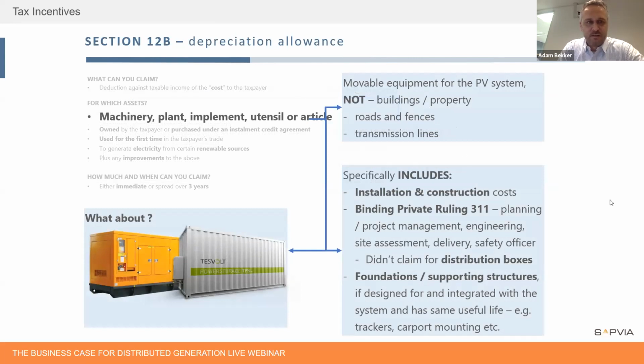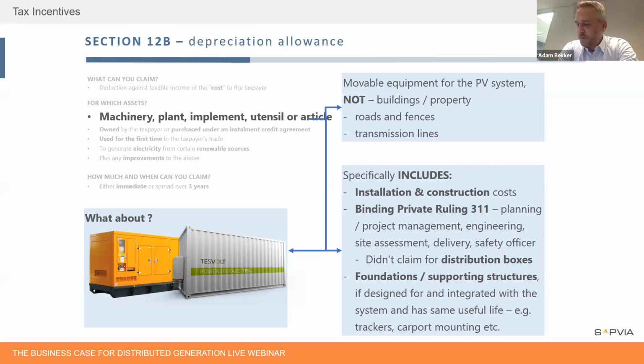Right, so then the next point is the definition of what equipment you're allowed to claim a deduction for the cost of. The Act uses these words: machinery, plant, implement, utensil, or article. But effectively what it boils down to is any movable equipment that forms part of your PV system. Movable, by definition, excludes things such as the actual building or a property that you may have to buy.